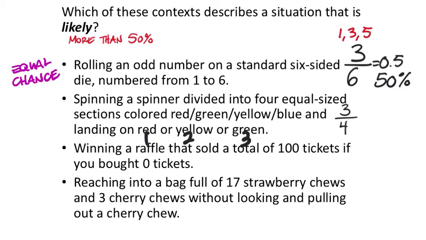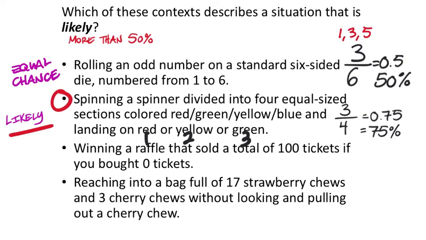That's 3 out of 4, which as a decimal would come out as 0.75, which is also 75%. Okay, now from what we've seen, that's what we would consider likely. Okay, so the one that we wanted actually was this one, the second one. I don't know, I guess I can circle that one.